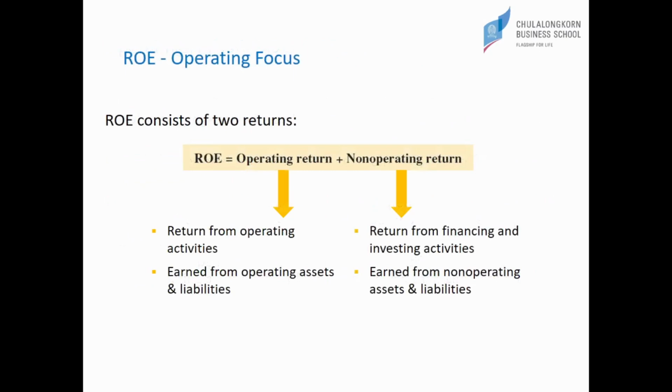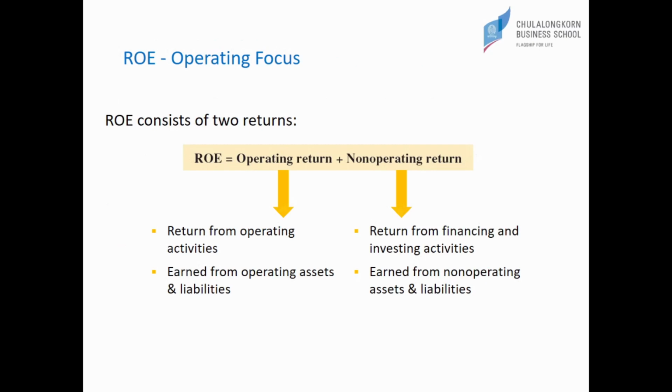So under this view, this ROE consists of two different returns: the return from the operation and the return from the non-operation, not the core operation. Return from operating activities would be the return generated by manufacturing and selling their product and so on.